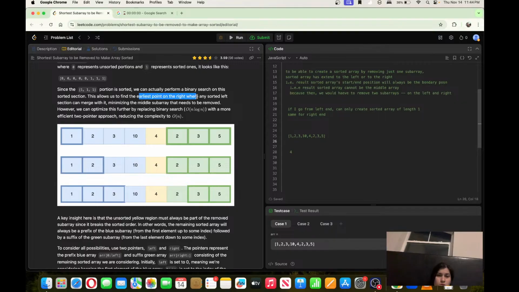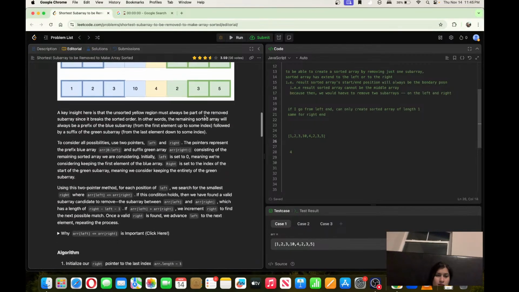So find the earliest point on the right where any sorted left section can merge with it. This allows us to find the earliest point on the right where any sorted left section can merge, minimizing the middle subarray that needs to be removed. However, you can optimize this further, replacing binary search with a more efficient two-pointer approach.